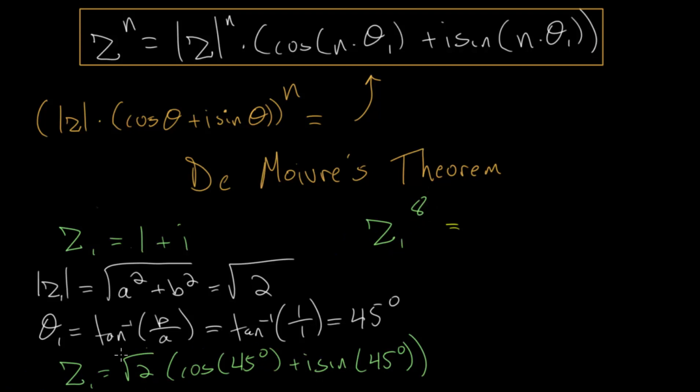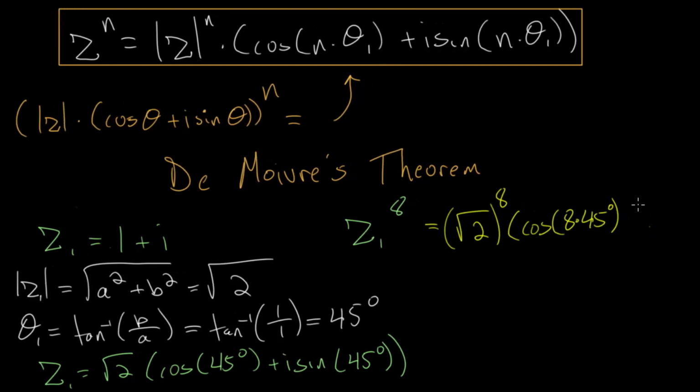So we will take our magnitude and raise that to the 8th power, and we will take our direction, this angle, and multiply it by 8. So we have the cosine of 8 times 45 degrees plus i times the sine of 8 times 45 degrees.